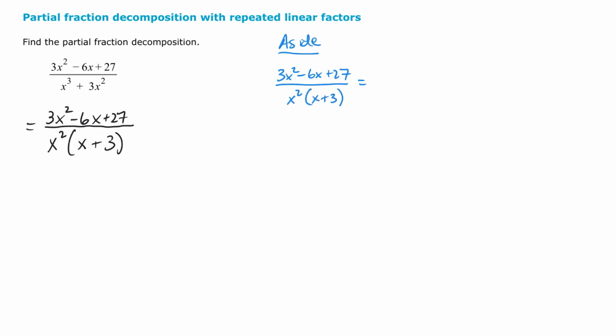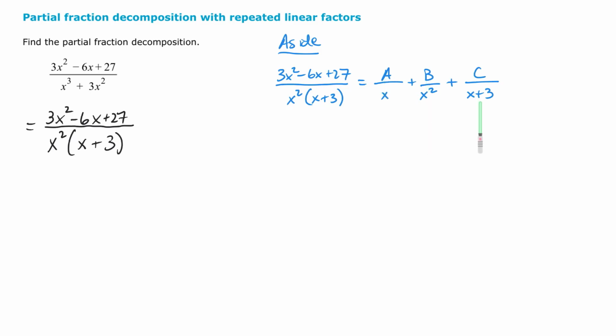I'm going to break this up into 3 smaller fractions, and those fractions are going to be labeled as such: A over x plus B over x squared, and then plus C over x plus 3. So with repeated linear factors, we only need a constant in the numerators.